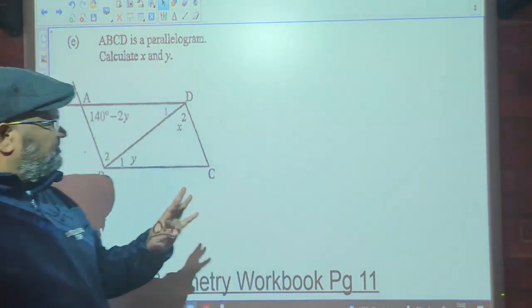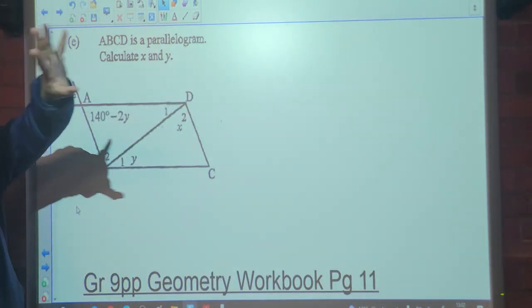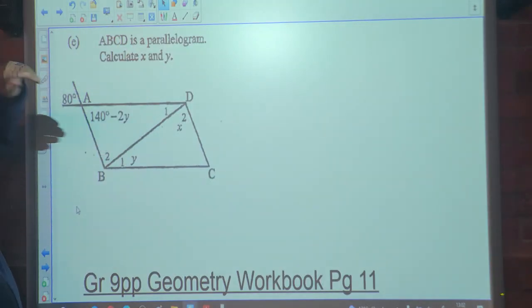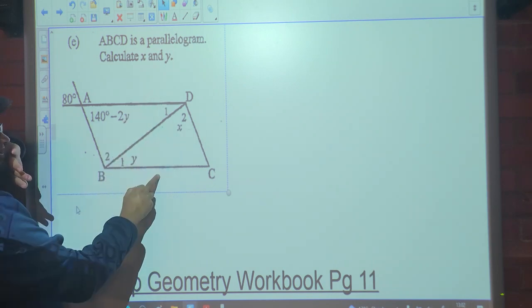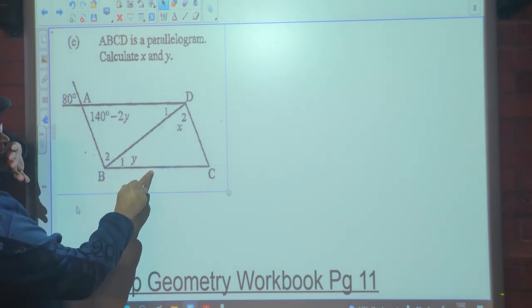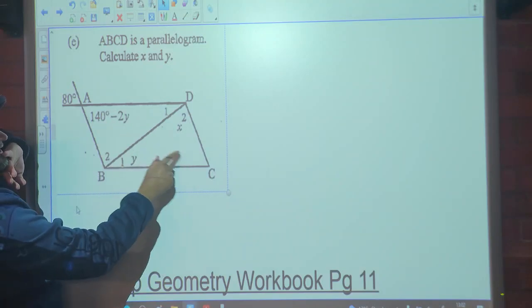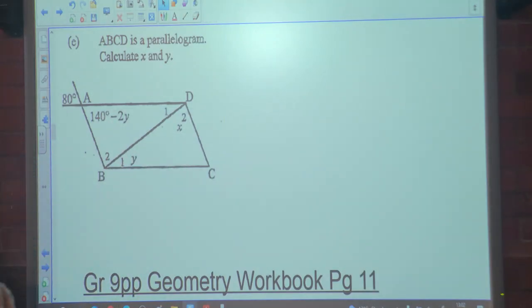There are four properties. How can we link it to this? Firstly, two pairs of opposite sides are equal, two pairs of opposite sides are parallel. Okay? Opposite angles are equal, and the diagonals bisect each other. Okay? The question says calculate x and y.